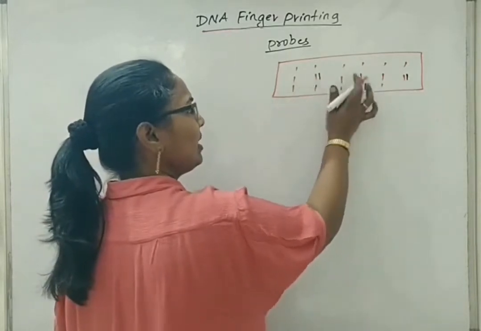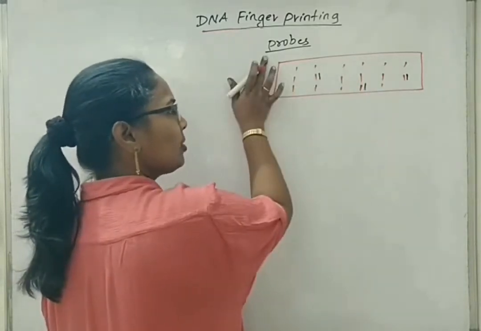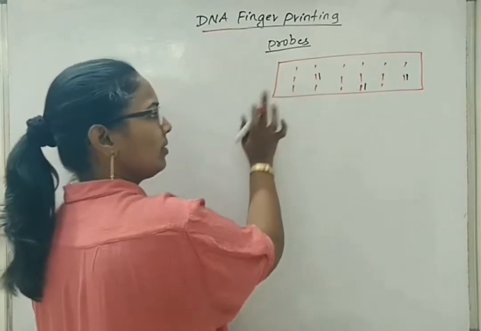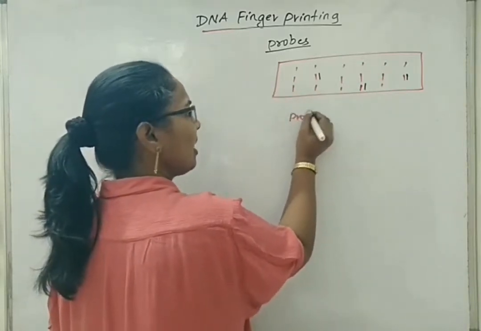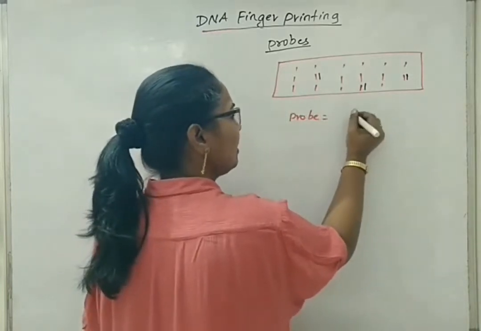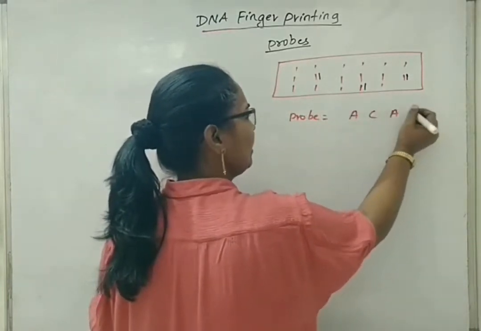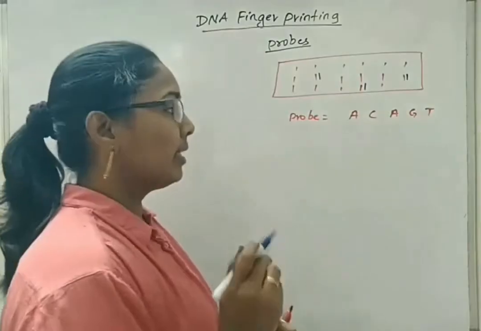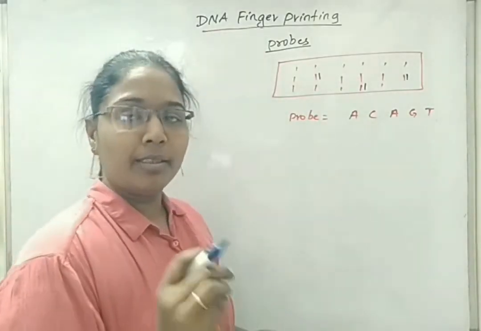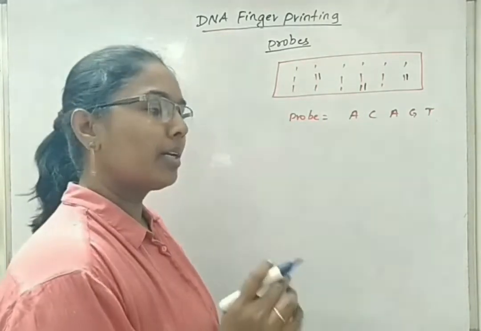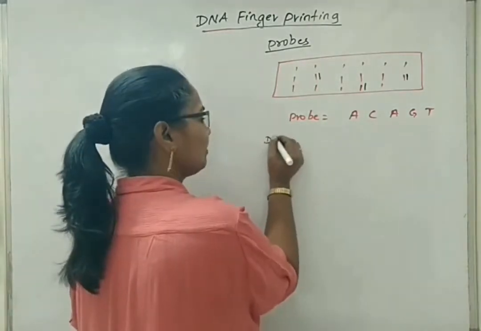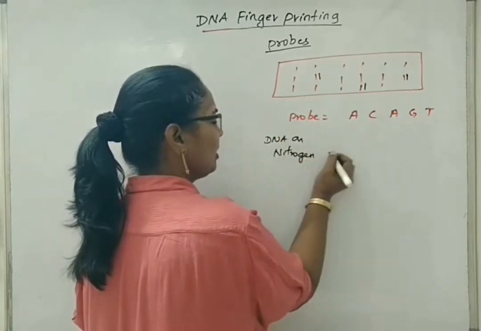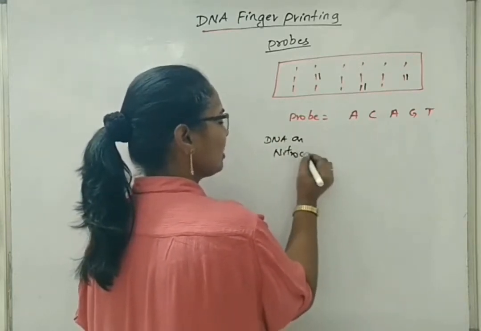Here only single DNA strands are still seen. It means that the probe does not have the complementary nitrogen base sequence to bind onto that one. Suppose a probe has a gene sequence like adenine, cytosine, adenine, guanine, thymine, a sequence we already know, which we have prepared in the lab. The smaller DNA obtained from gel electrophoresis is now stuck onto the nitrocellulose paper.